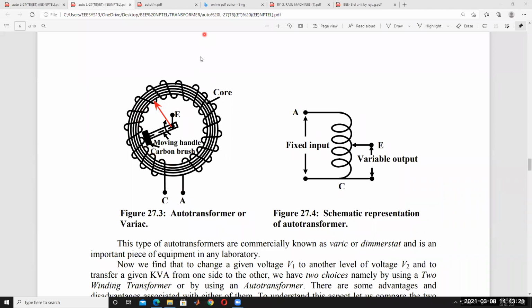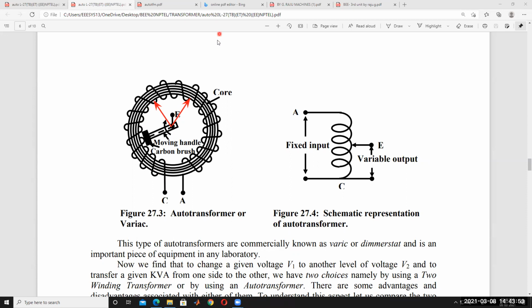As you rotate the tapping from here, the voltage across this winding is the output voltage. At the time of starting, only this much of voltage is included. By varying the position of this tapping, it increases. If you connect here, this much of voltage is included in the output.